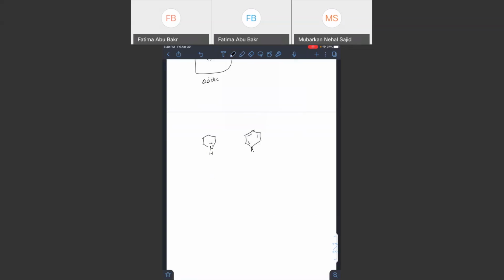So in this situation, when we're comparing acidity or basicity, this nitrogen is sp2, and this nitrogen is sp3, right? Because on the left side, we have a nitrogen that's attached to 3 things and has a lone pair, but on the right, it's only attached to 2 things and has a lone pair.